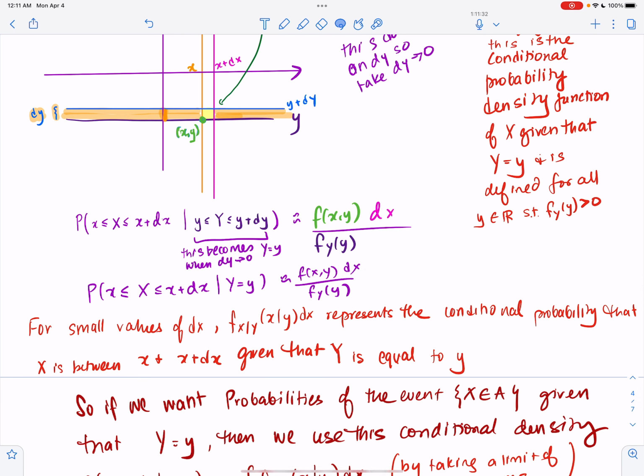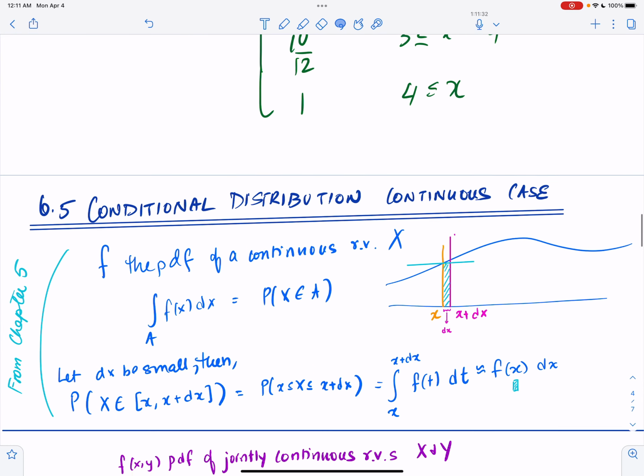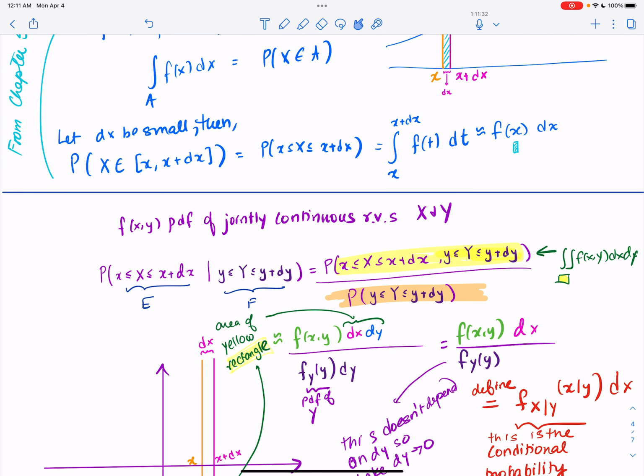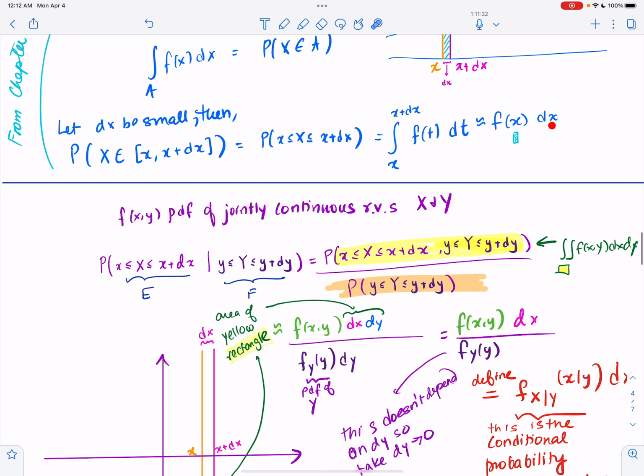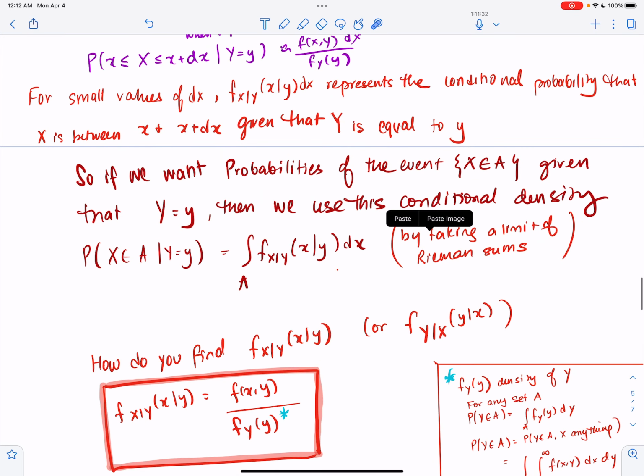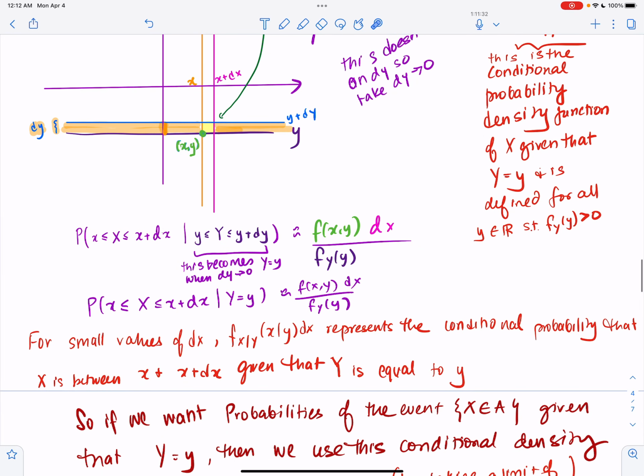Think of this as a density of the random variable x given y. Because you see, go up here, the random variable x has a density of f, and the probability that x is in that interval is given by this times dx. So think of the random variable x given y, and you know the probability that x is in the interval x to x plus dx given y is given by this f of x, y over f sub y of y times dx.